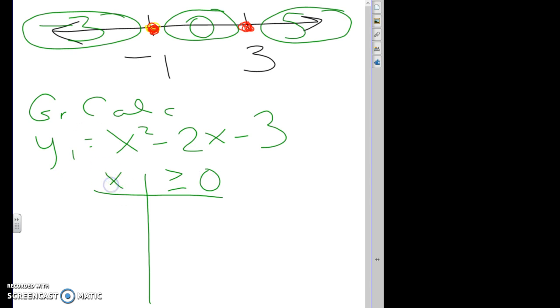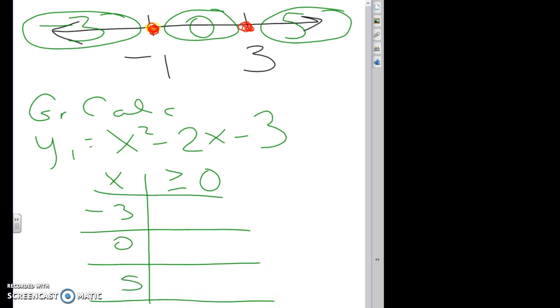And so the x's we're trying are a -3, a 0, and a 5. So when we put -3 in, let's see, 9 plus 6 would be 15 minus 3, so that's going to be a positive, so that's a yes. When we put 0 in, we get a negative, so that's a no. And 5, we get a positive again.